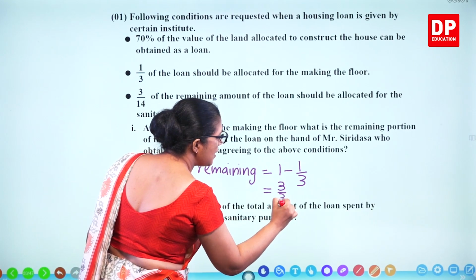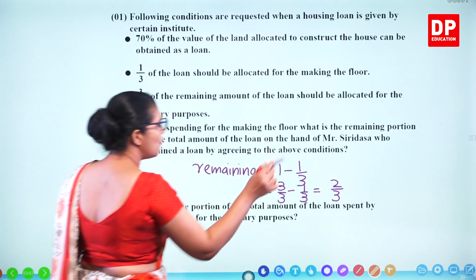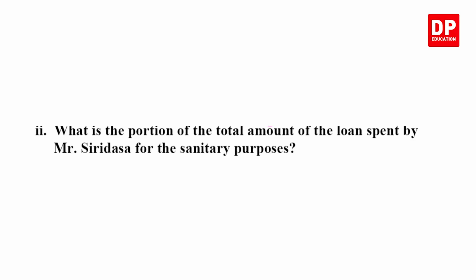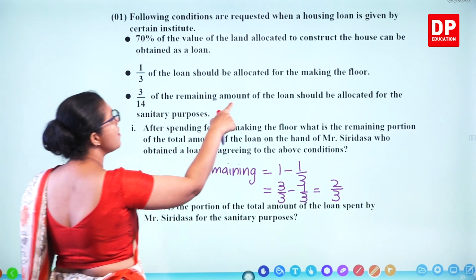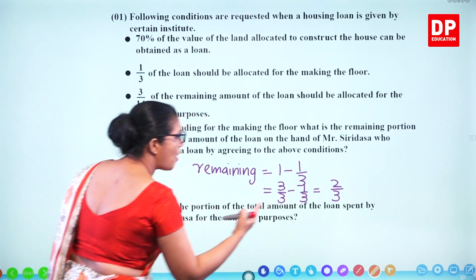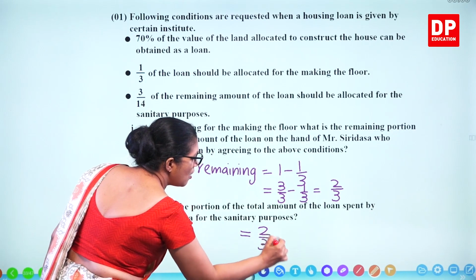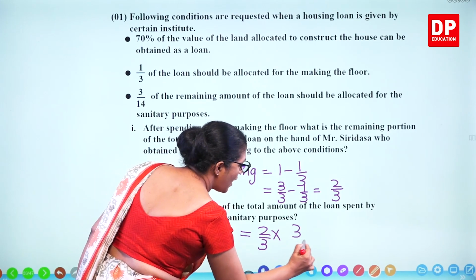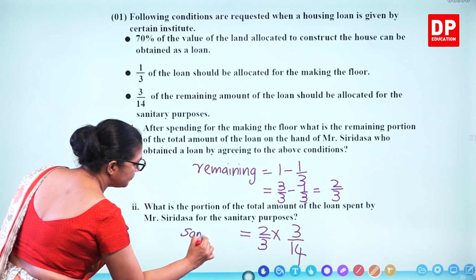So 3/3 minus 1/3 is 2/3 of the full thing. What is the portion of the total amount of the loan spent by Mr. Siridasa for the sanitary purposes? So sanitary purposes is 3/14 of the remaining amount. Remaining amount is 2/3. So you get 3/14 of that. This is for sanitary.